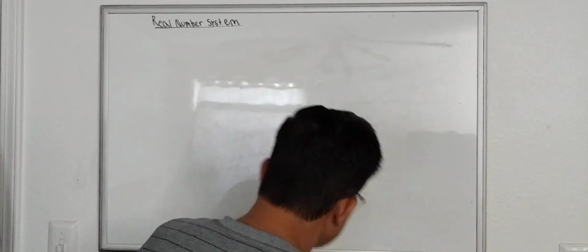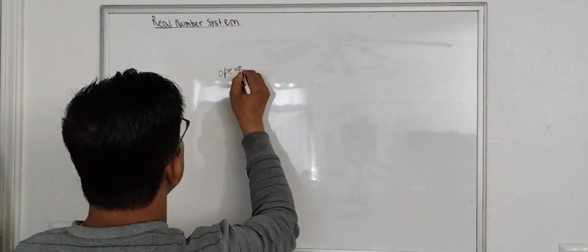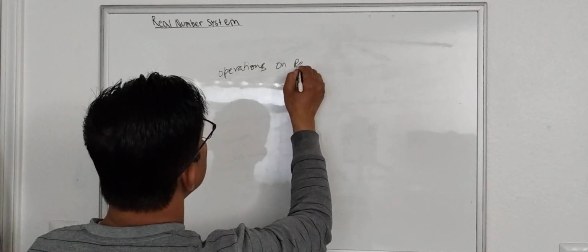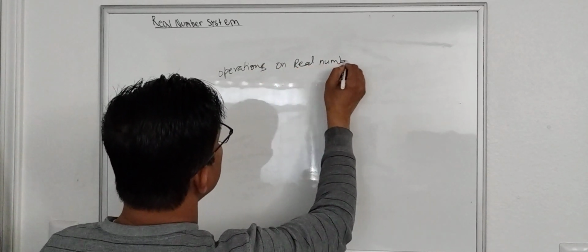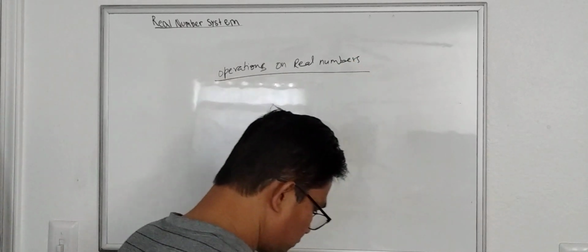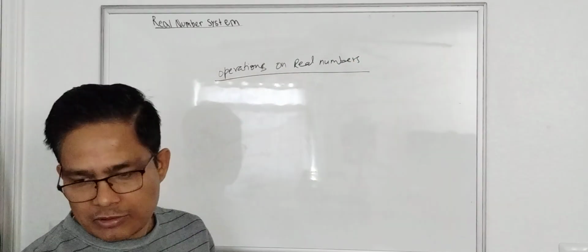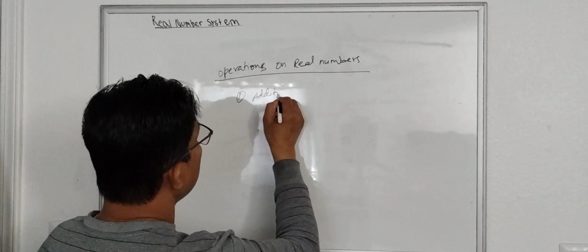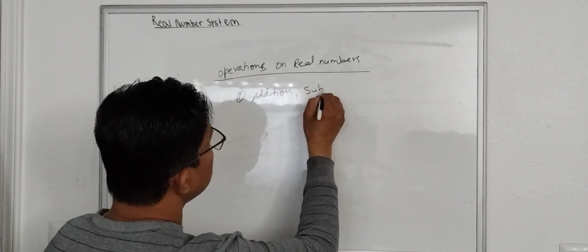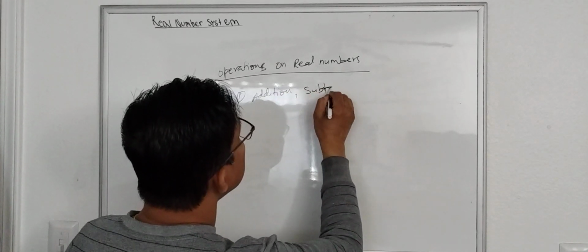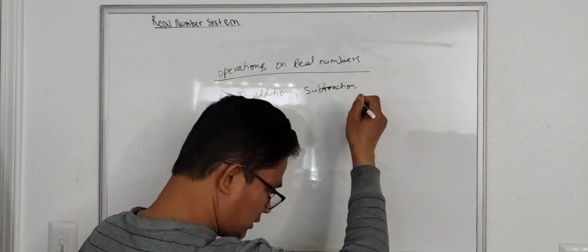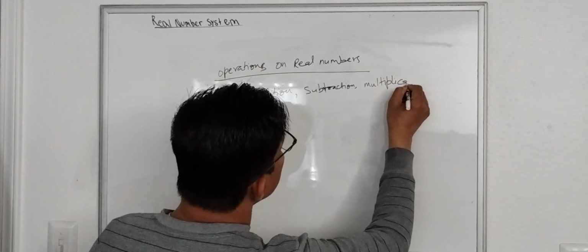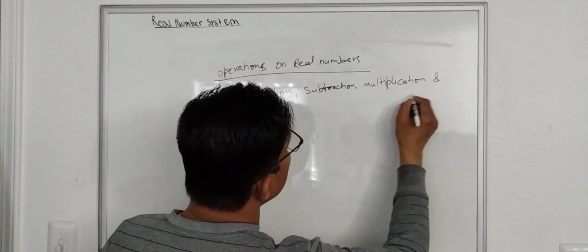Now, what kind of operations can you apply on real numbers? Operations on real numbers. So all the basic operations: addition, subtraction, multiplication and division.